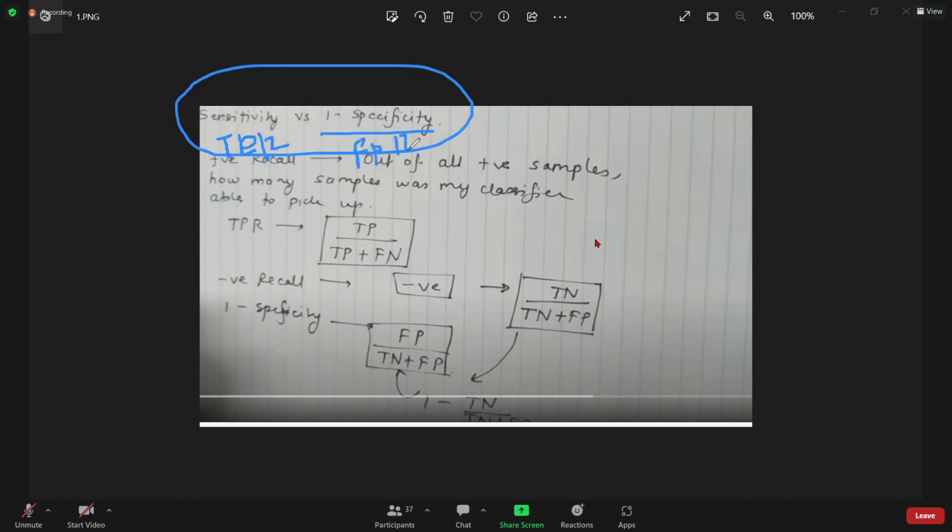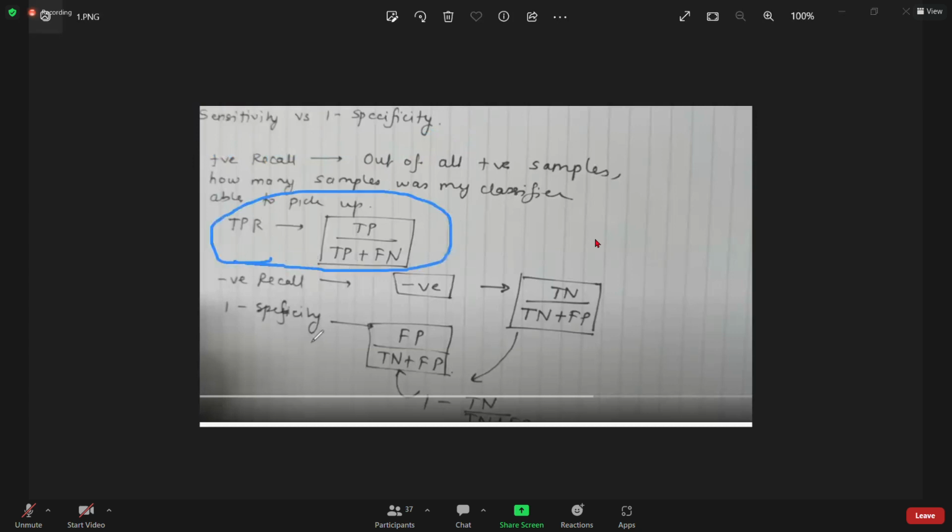Because I showed the example, you are clear now, isn't it? So TPR is TP by TP plus FN, and 1 minus specificity is FP by TN plus FP. Are we clear? Next step.